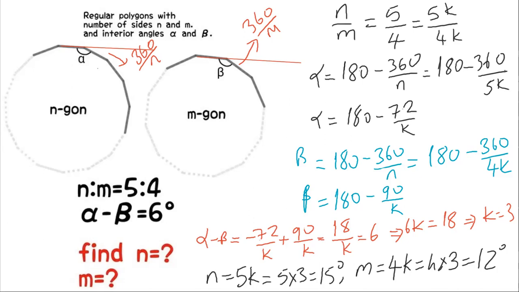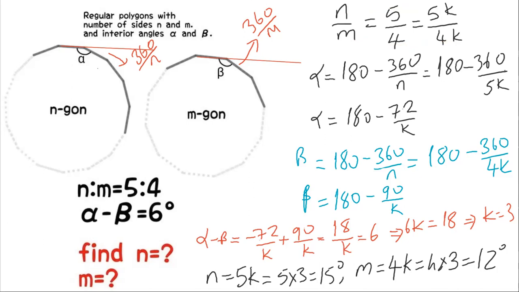Now if n to m is 5 to 4, we can write this equation, and this is the ratio. So there is a multiplier of these numbers to get the actual value. Let's call it k. So n is 5k, m is 4k.